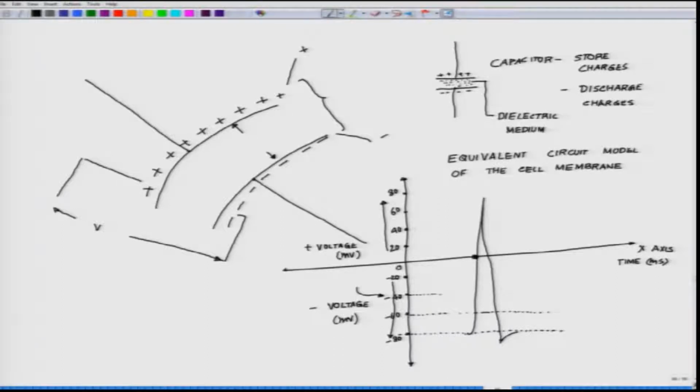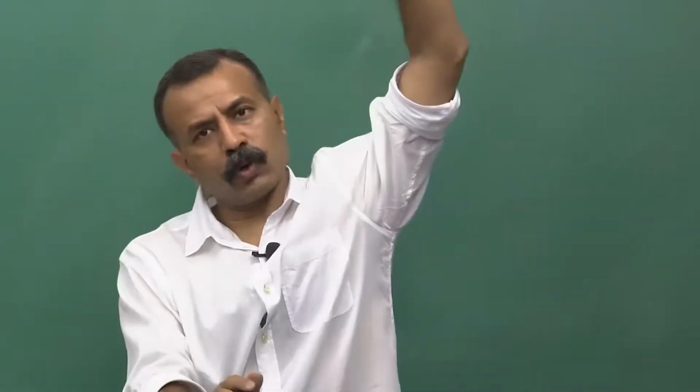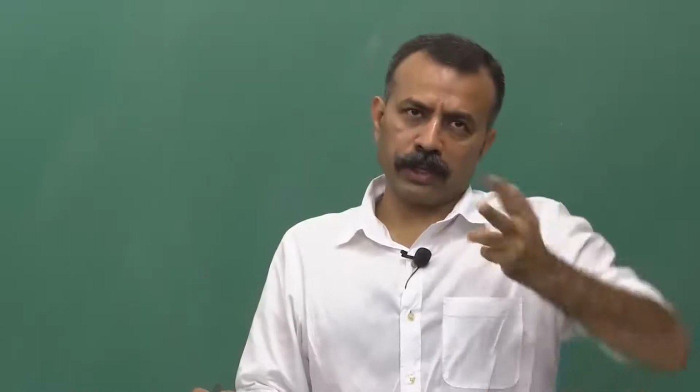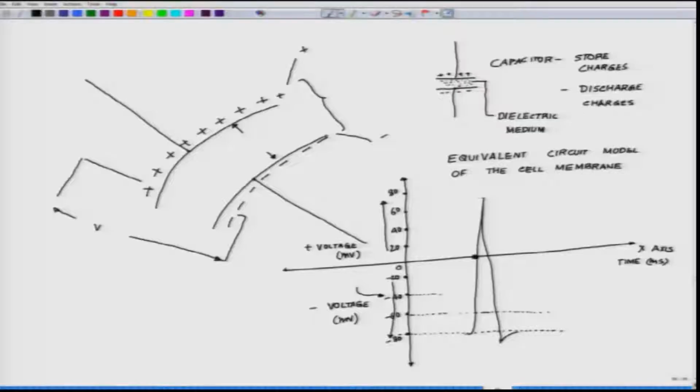They become depolarized, and not only that, they further go up, changing their polarity for a while. Because going up like this means that all of a sudden a part of this membrane is behaving differently with respect to time.